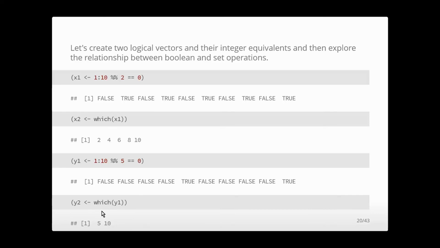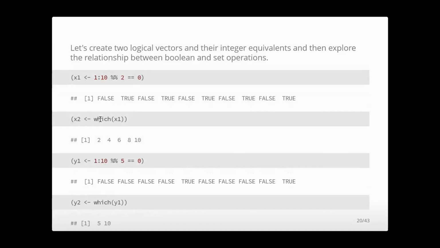And then x1 and y1 are logical vectors. x2 and y2 are the integer representations of those things. And so we can show you how logical vectors and set operations are complementary ways to conduct things. If I do x and y, this means both of the things in x and y have to be true.